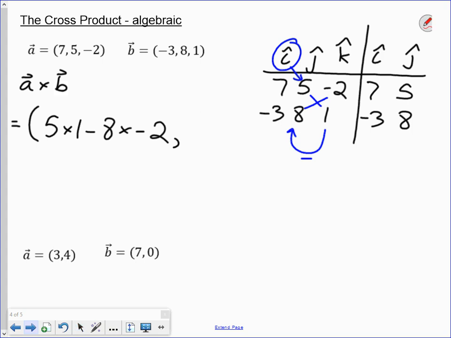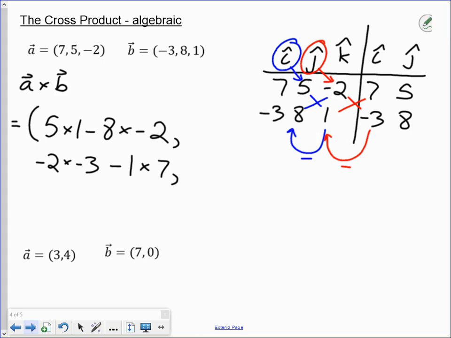So if we want our y component, go down on an angle, so we're going down, looping around, and then coming back up again. So our y component is going to be -2 times -3 minus 1 times 7.